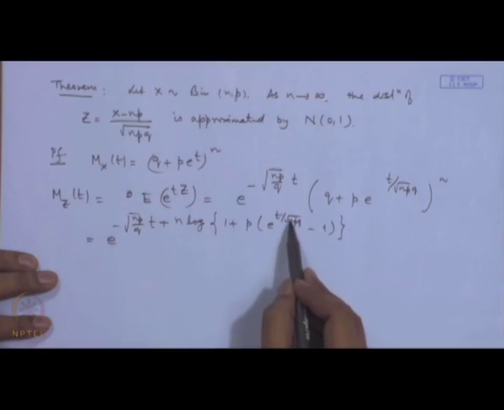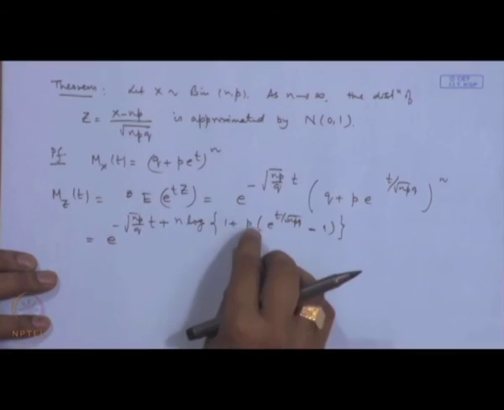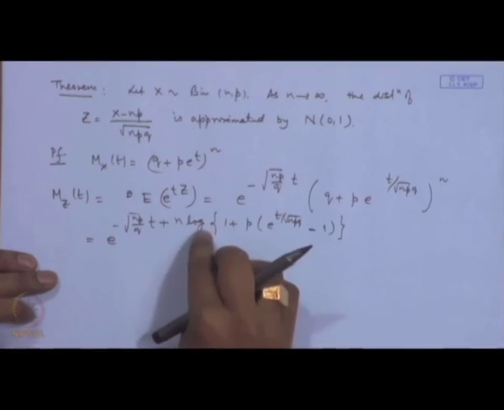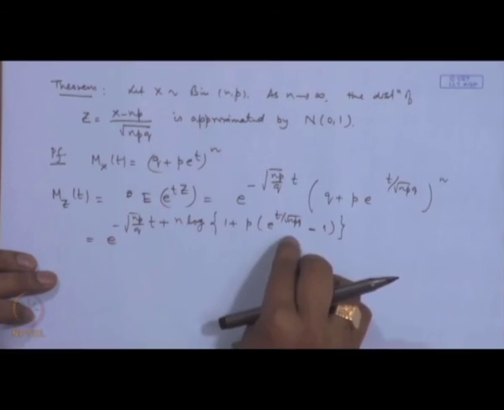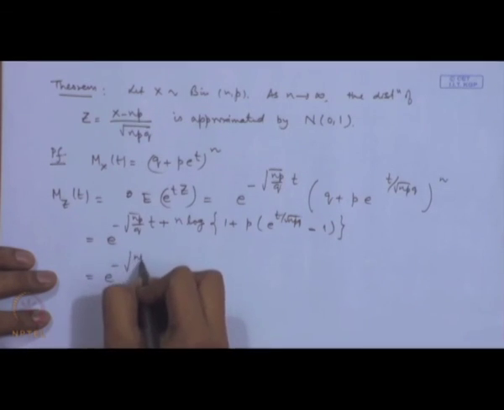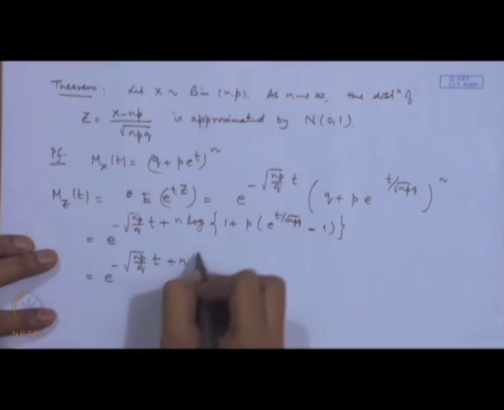Now, if n is large enough, then this number is going to be small, because of t by that thing. If that number is small, then this will be closer to 0, that means this number will be less than 1. So, we can consider logarithmic expansion in Taylor series. So, this can be written as e to the power minus root n p by q t plus n.